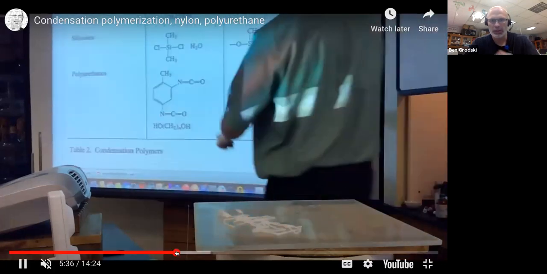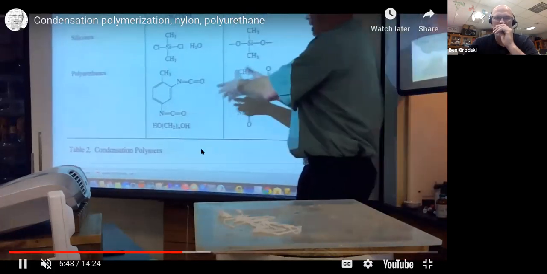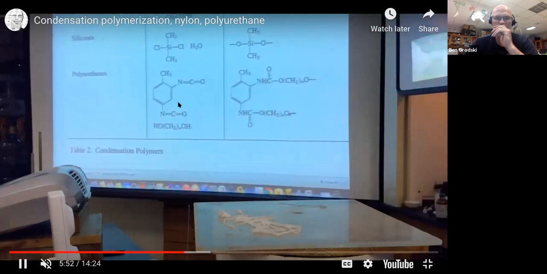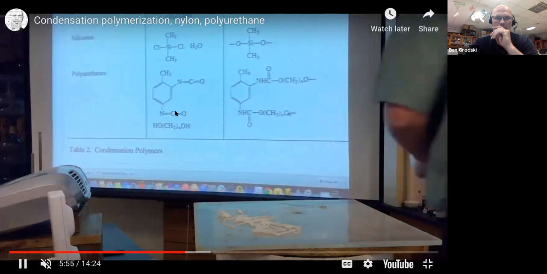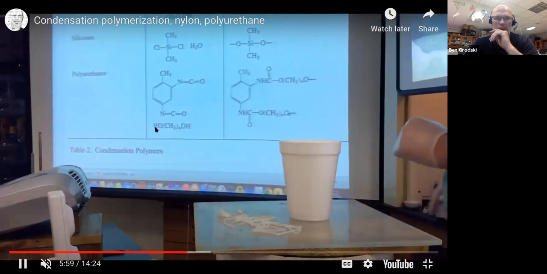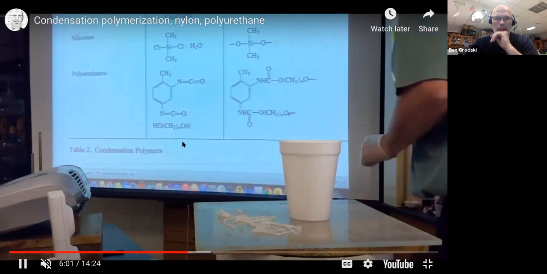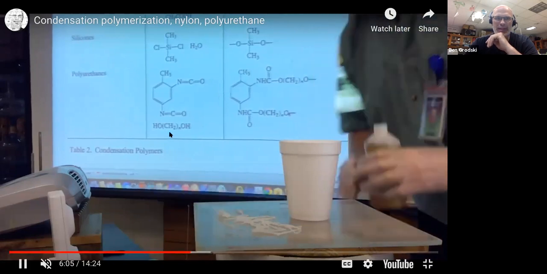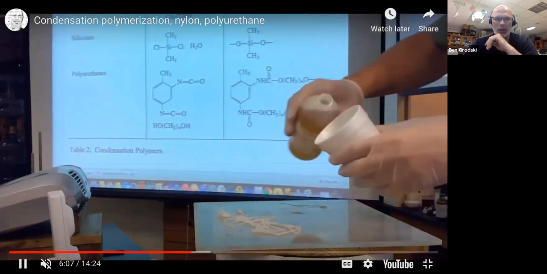So there's my polyurethane polymer. And notice there's two chemicals here. There's one with a carbon double bonded to O and double bonded to an N, and then there's this kind of diol here. Ethylene glycol looks like, or actually it's a CH2 n, so I don't know how long that chain is.